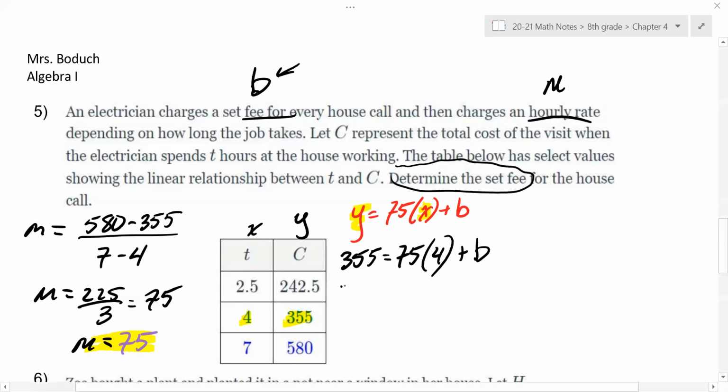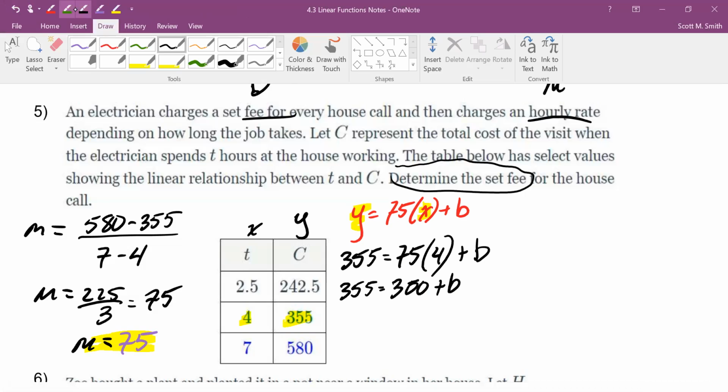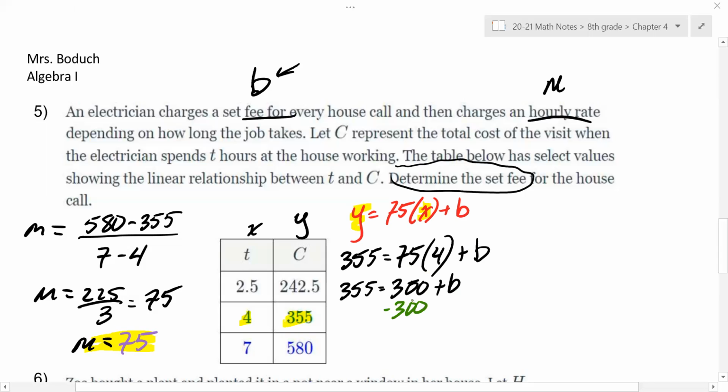To do every step for demonstrative reasons, now I have, well, sorry, just 300. 300 plus b. In order to get the variable by itself, subtract 300 from both sides. So I got 55 equals b.